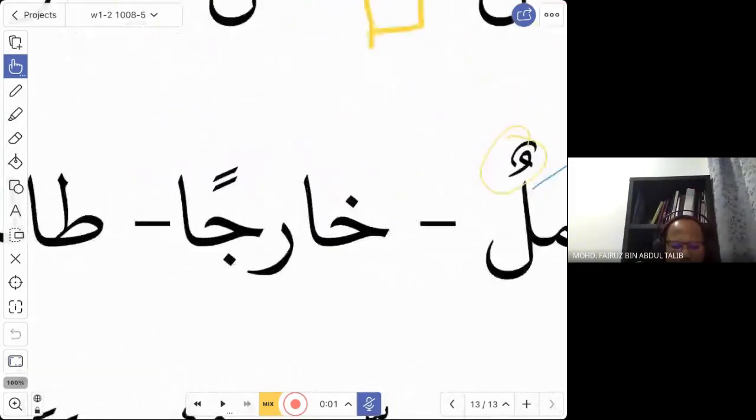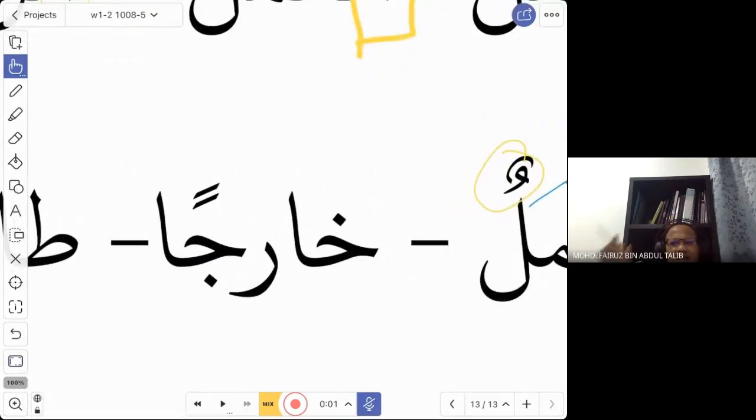The next word, kharijan. If you look at the dictionary, kharij means outside. So what is this word? Is that a noun, an isim? Is that a fi'il? Or is that a particle? Sometimes it is a bit difficult to determine by looking at the meaning.